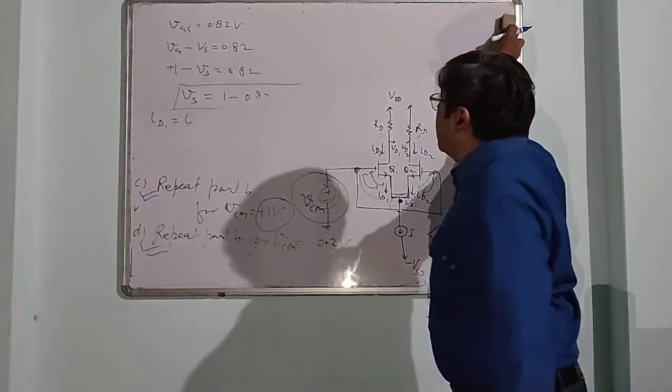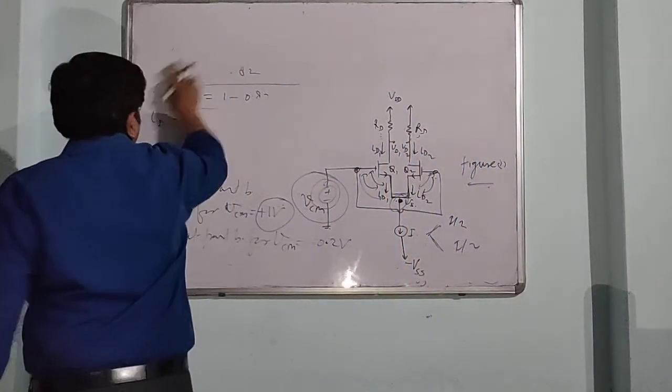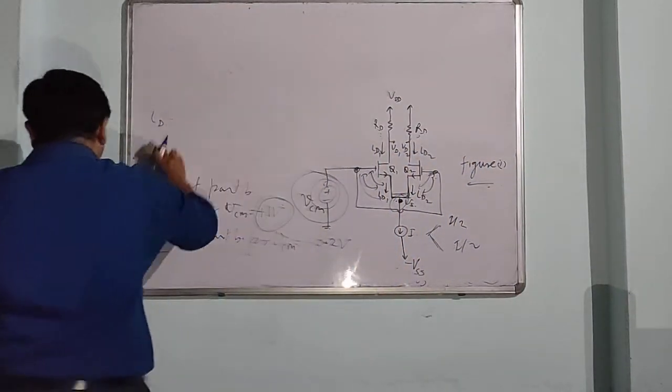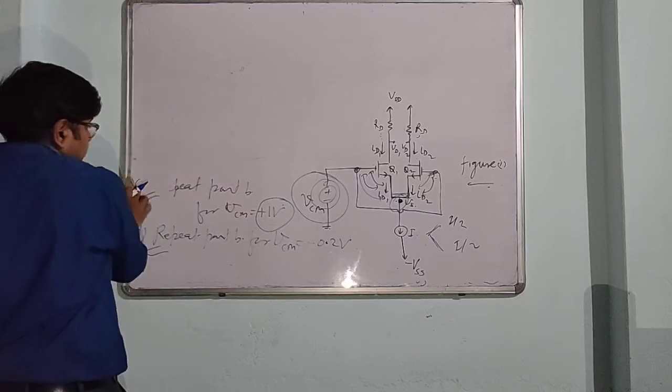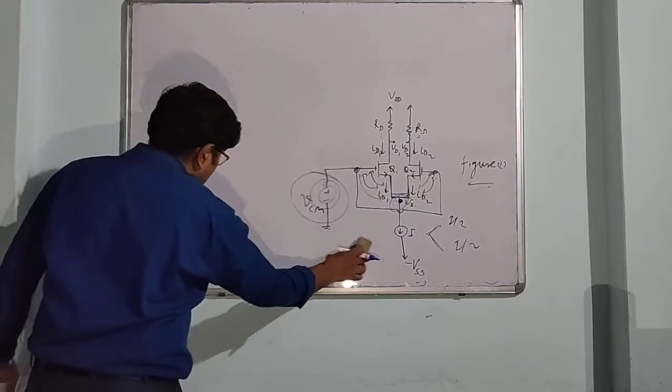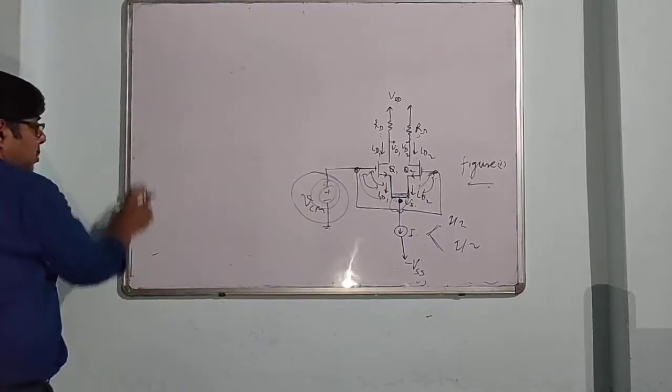And one thing is the highest and lowest values of the common mode signal, maximum and minimum.